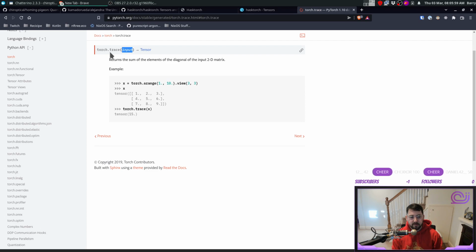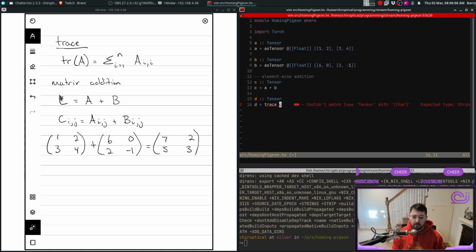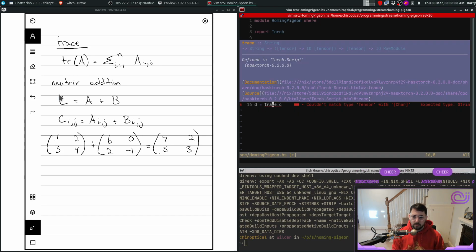But there's seemingly multiple traces because the one that I had was from torch script. Trace.